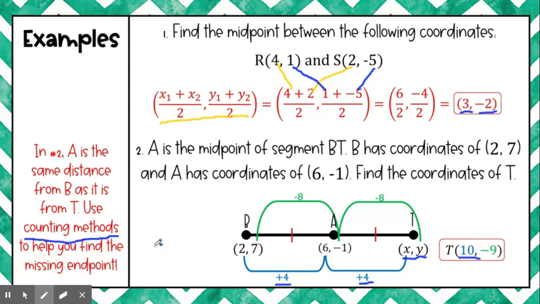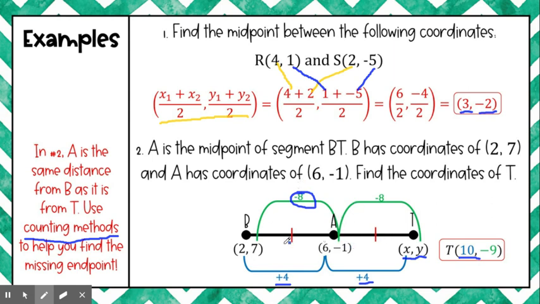Now we need to find out our y value. Let's see what the numbers give us. We have 7, and our midpoint is -1. Well, how do you get from 7 to -1? And the answer is you subtract 8. So 7 minus 8 is -1.